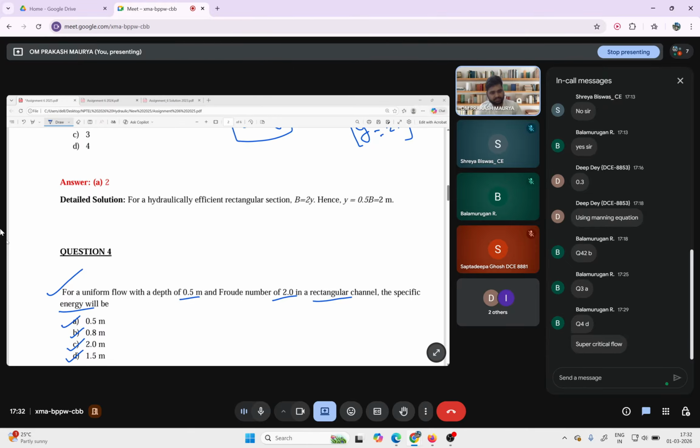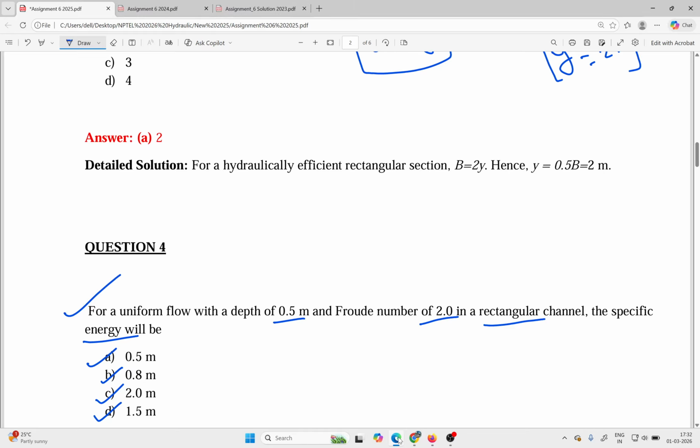Okay, so let me explain. Here the uniform flow depth is y equals 0.5 meter, as given in the question, and the Froude number is 2.0. Now you need to calculate the specific energy.